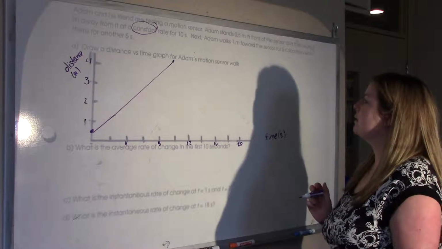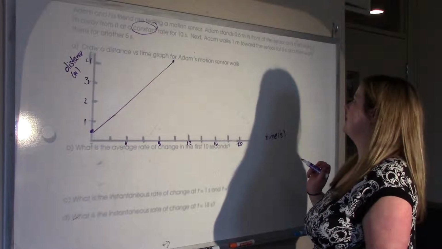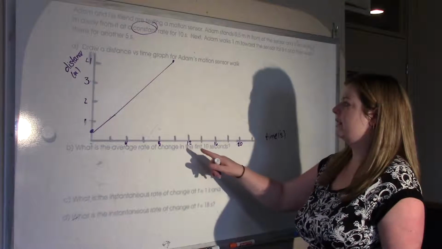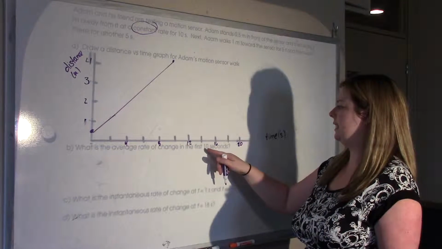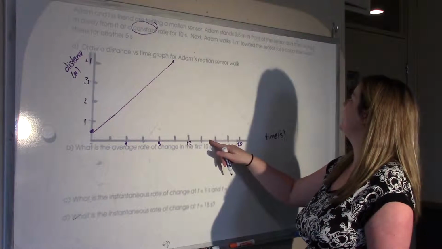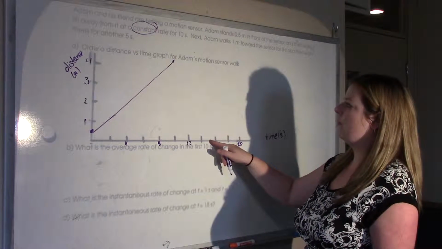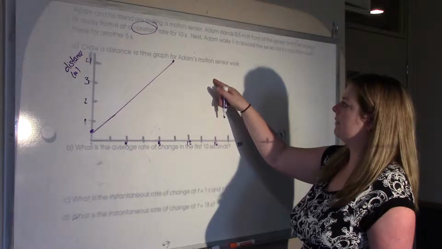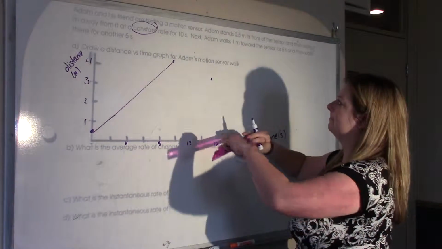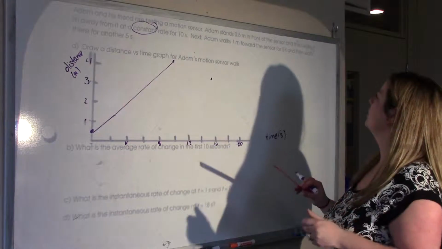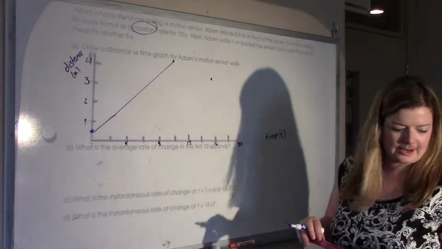And next he walks 1 meter toward the sensor for 5 seconds. So he's at 10 seconds, so for 5 seconds, so 15, so here's 14, here's 15, he's walking 1 meter, so from 4.5 to 3.5. And then he waits there for 5 seconds.